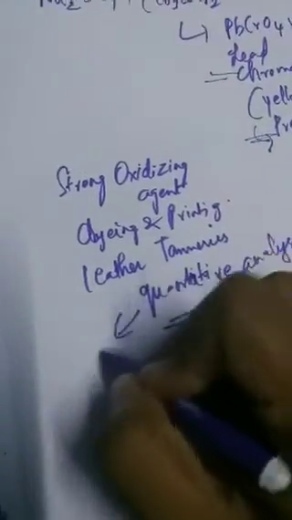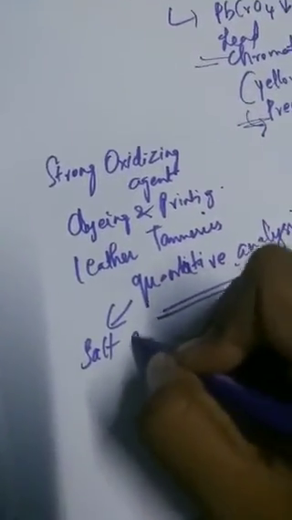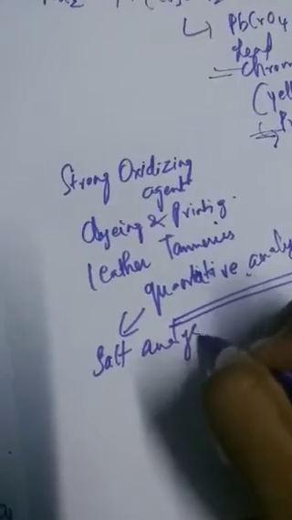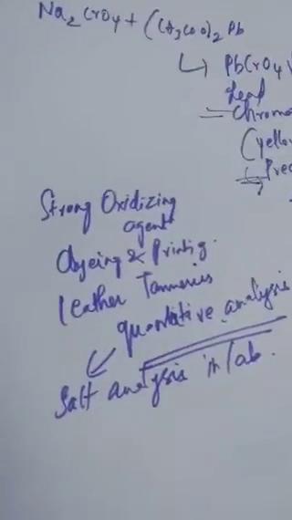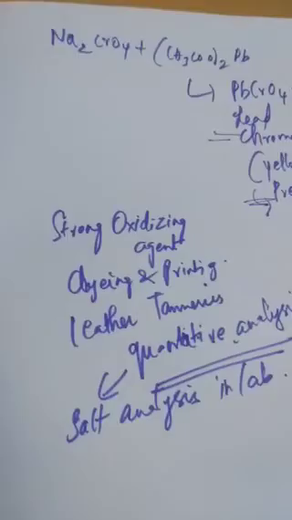It is used, as I said before, in quantitative analysis, that is salt analysis. We will use this in the lab. The next element we will see is potassium permanganate.